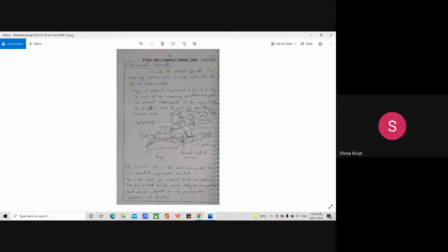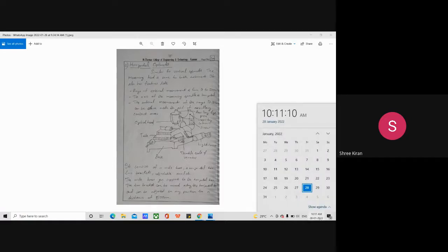That's what happens in the case of a horizontal optimeter.